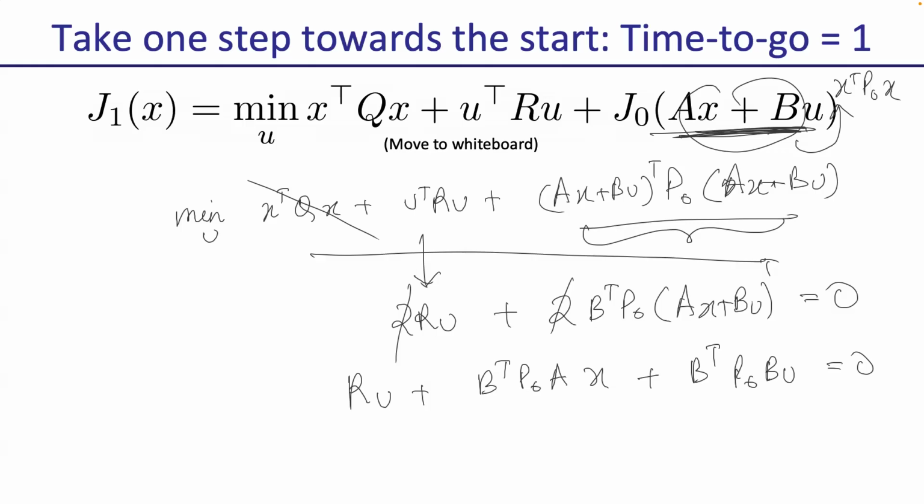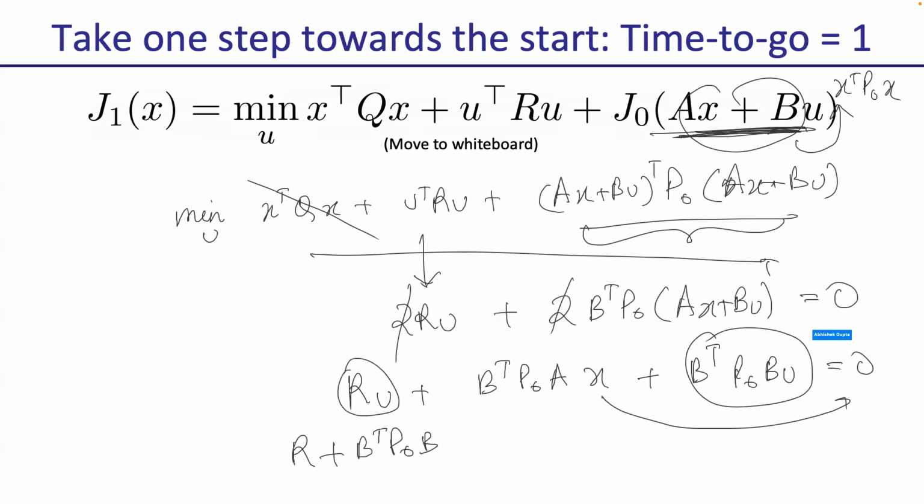We're just transposing terms, right? So what is U? Yes. That's right. Okay. So let's move this thing over to this side, right? And so we can say R plus B transpose P naught B. This term and this term can be combined, right? Times U is equal to minus B transpose P naught AX, right?